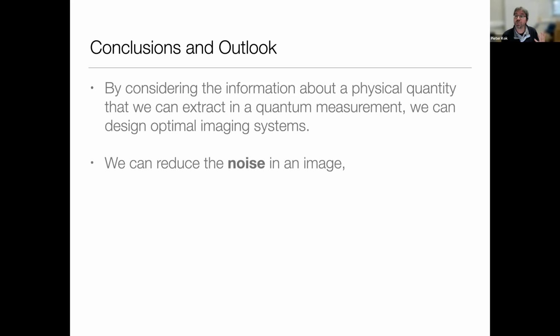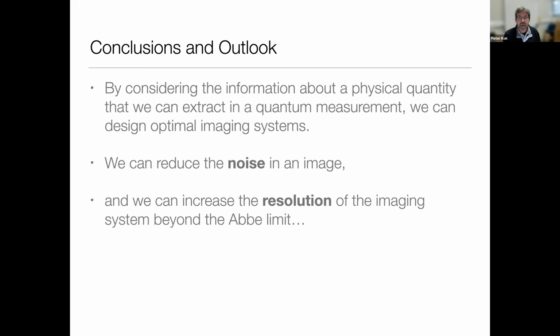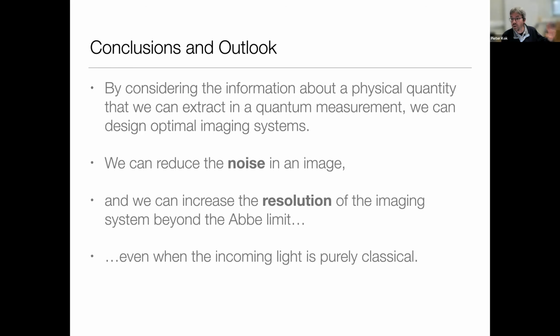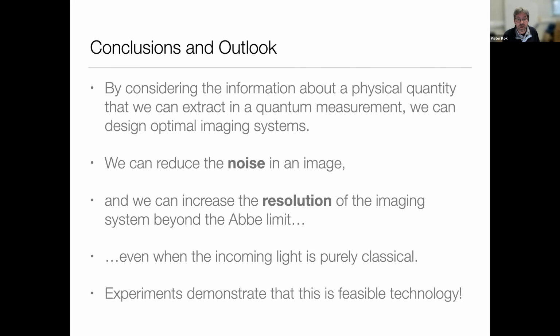This allows us to reduce the noise in an image and also improve the resolution in an image, so we can go beyond the Abbe limit of resolution, and this is all for classical incoming light. So we've not done any tricks to modify the incoming light, which is important for astronomy and potentially, sadly, military applications.